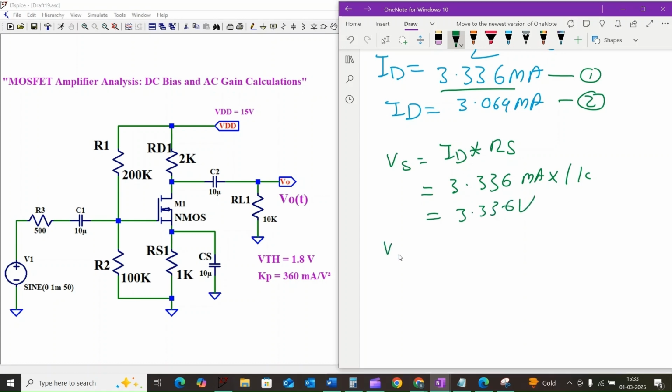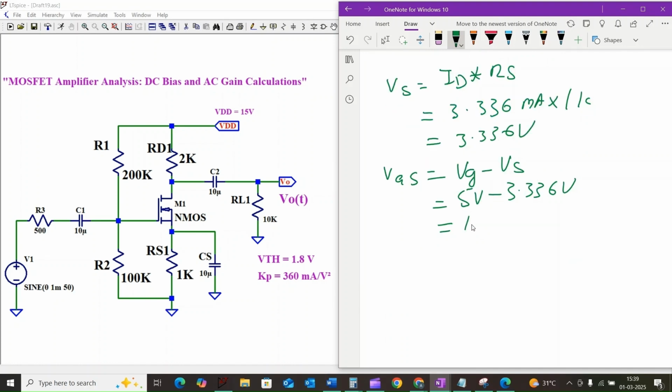So the value of VGS is equal to VG minus VS, so we know that VG is 5 volt minus 3.336 volt, and we will get 1.664 volt.